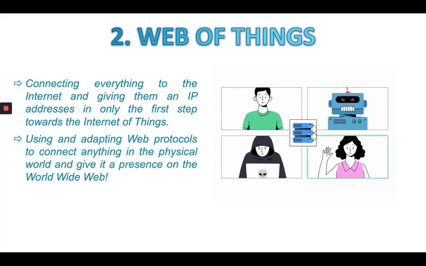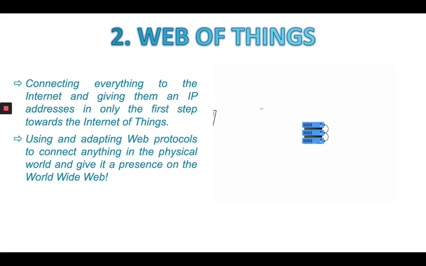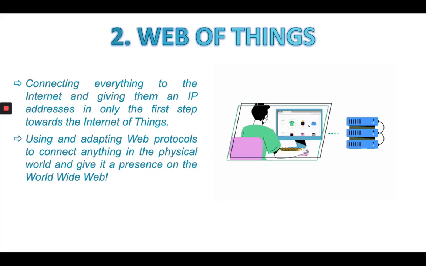You can define the principle of this component as: the web of things is a reinforcement of the internet by integrating things not only into the internet but into the web architecture.